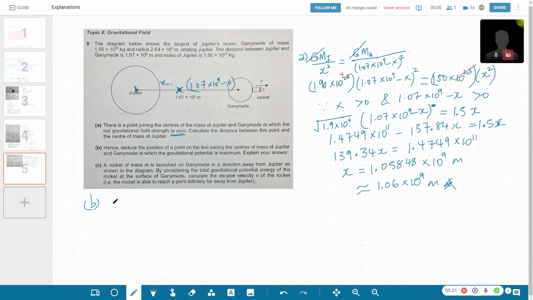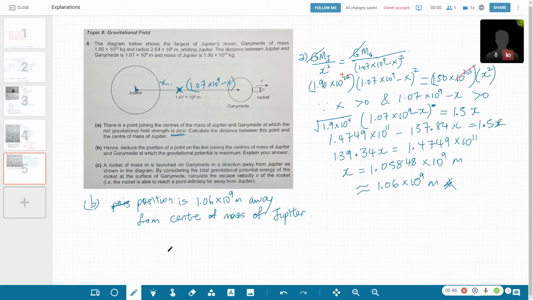So the position is also 1.06 times 10 power 9 meters away from the center of mass of Jupiter.